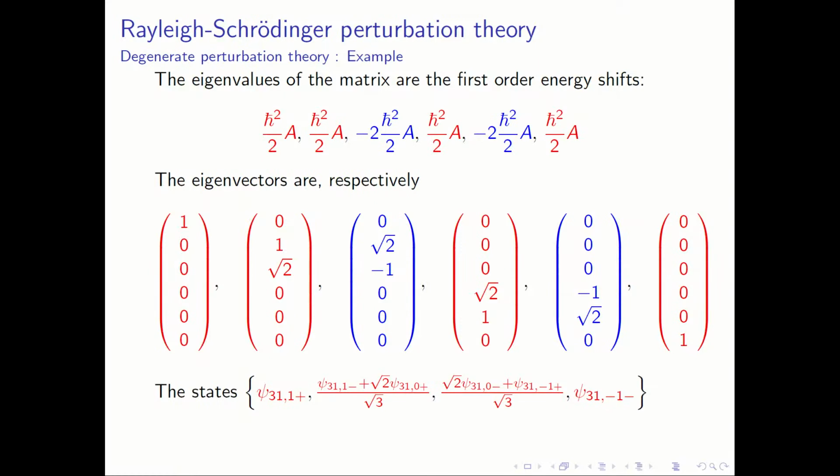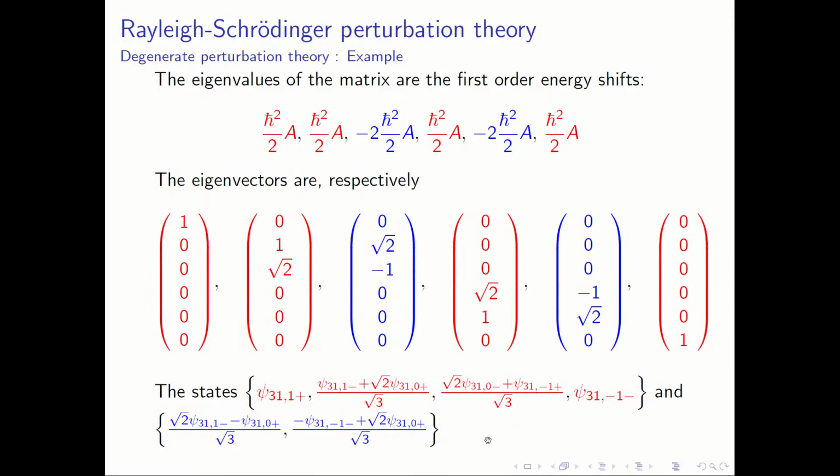So at 6 degenerate levels, applying the perturbation splits the degeneracy a bit. So instead of 6 levels which are the same energy, now you have these 4 levels which are the same energy, namely whatever the unperturbed energy was, plus ħ²/2 into A, and 2 other levels, these ones which come from the eigenvectors here corresponding to the blue eigenvalues.